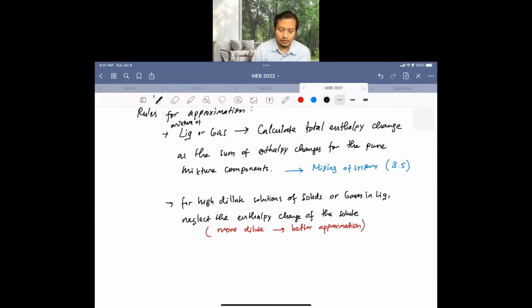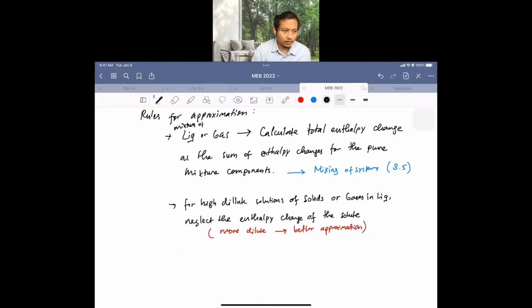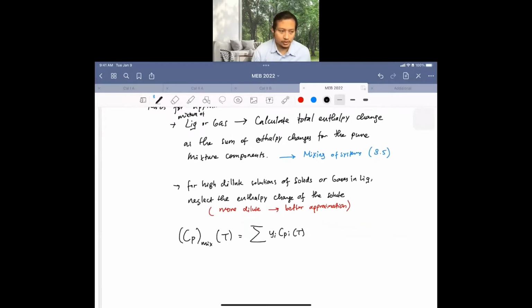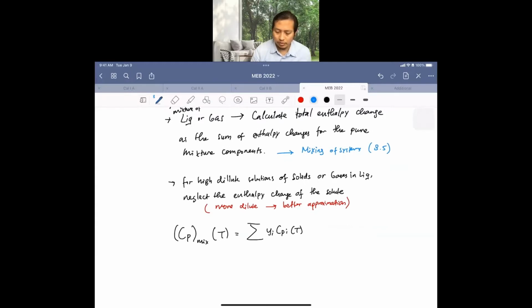And we could say that the Cp for the mixture at some temperature is the sum of fractions for each component. So this will be over all mixture components. It depends on how many components you have. You could do some summations and make some approximation for the Cp of the mixture.